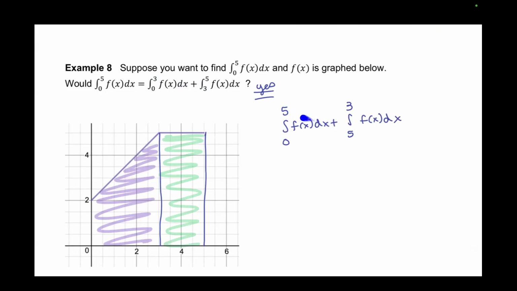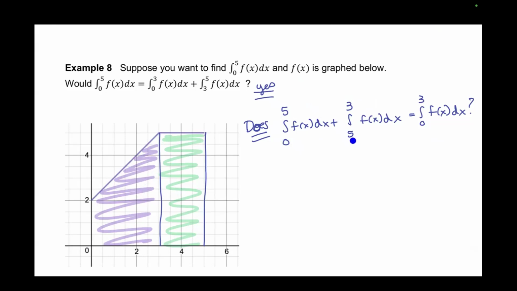Would this be equal to the integral from 0 to 3 of f of x dx? Are those equal? Well, if we think about what this means, this is a positive value. It's this entire area, the purple and the green together.